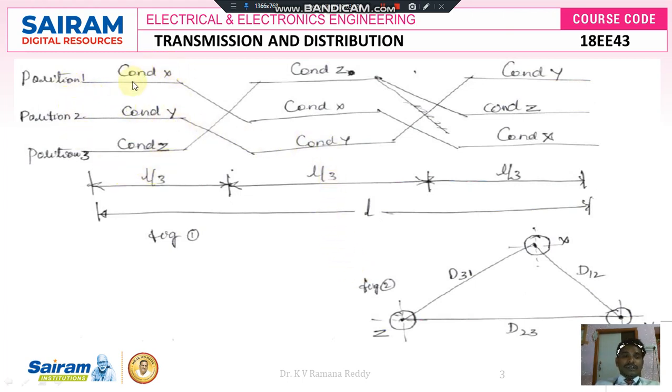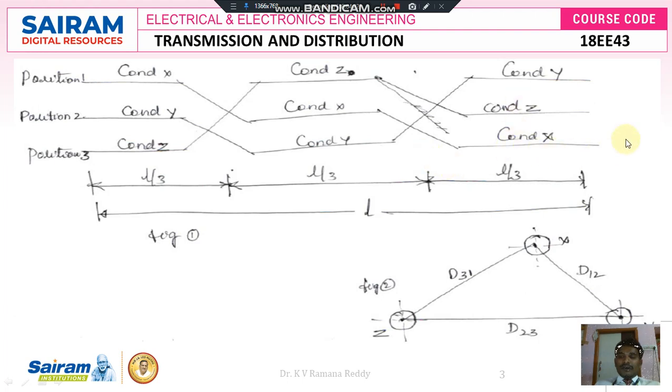So let us take three towers. This is tower 1, tower 2, tower 3. If I am going to change the location of the conductor from one place to another place, I want to make the transpositions. Here I am going to make the transpositions at equal lengths: from tower A to tower B having a length of L by 3, and tower B to tower C having a length of L by 3.